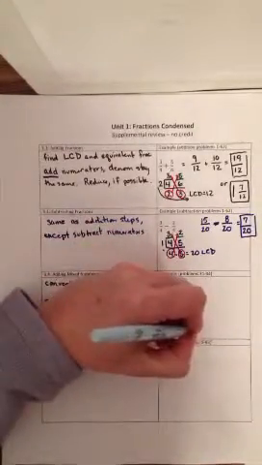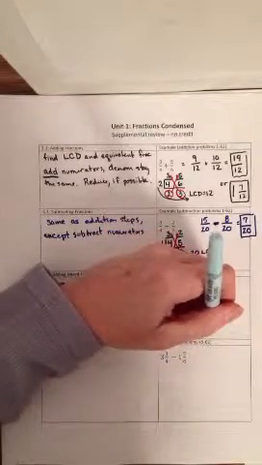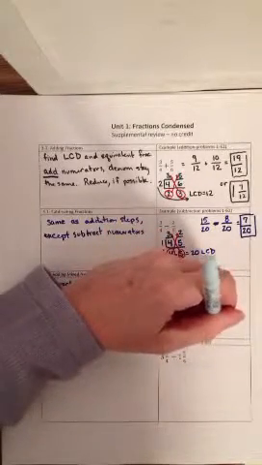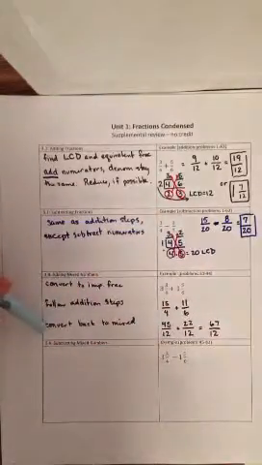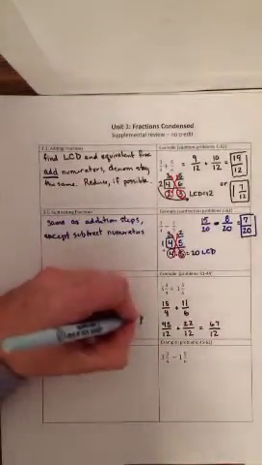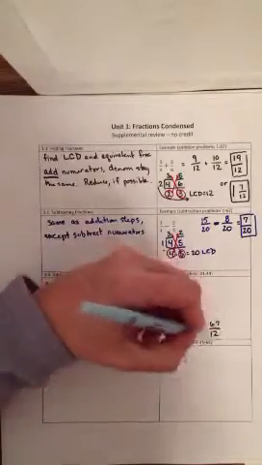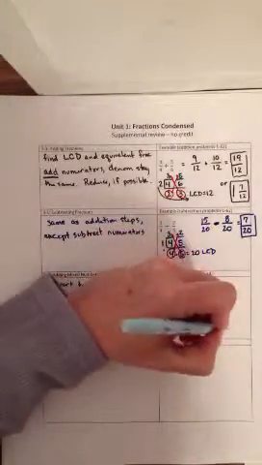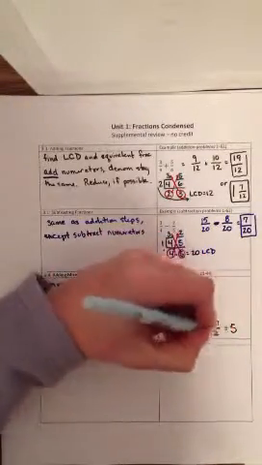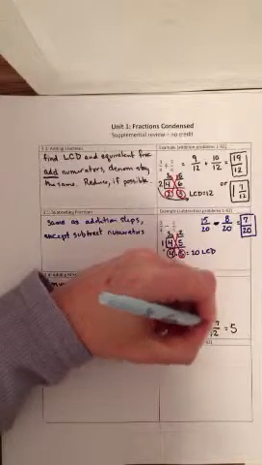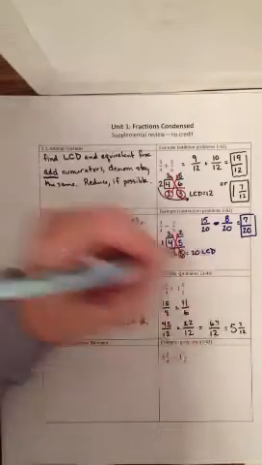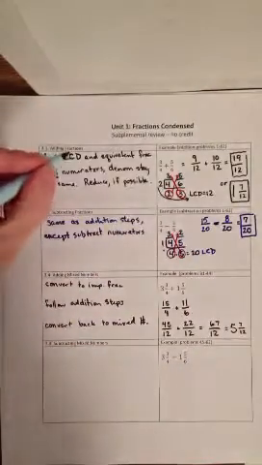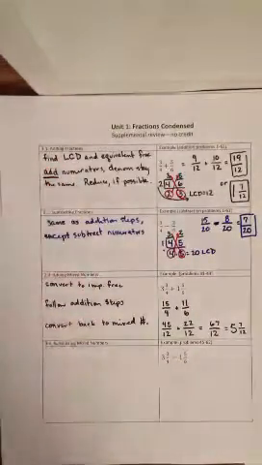Then we add those numerators together, giving us 67 over 12. And then our final step is to convert it back into a mixed number. So 12 fits into 67 5 times, since 12 times 5 is 60. And there are 7 left over to make our new numerator. So the final answer is 5 7/12.